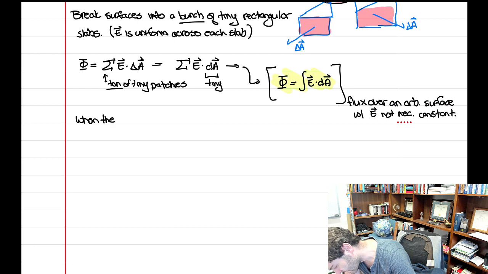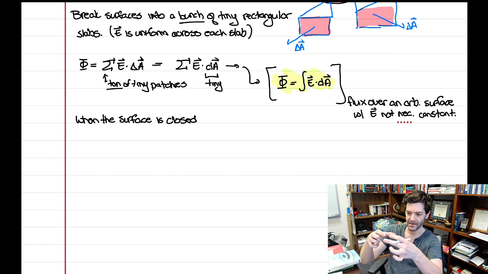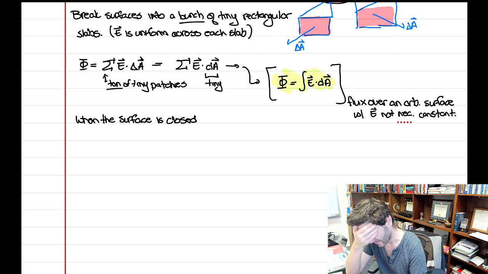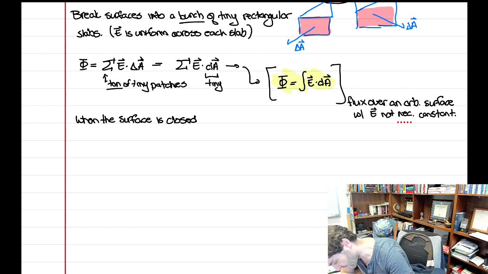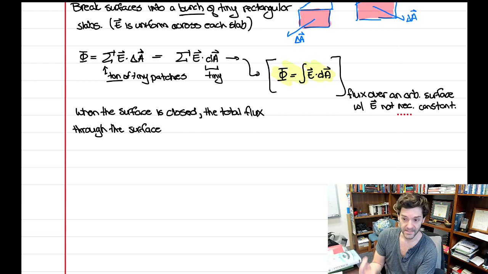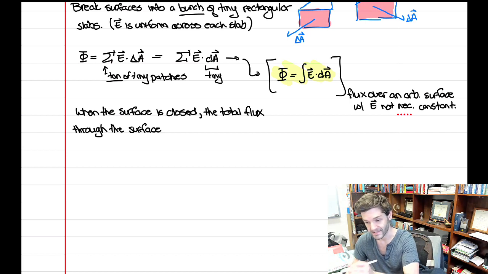When the surface is closed, which means it's not a ring or a slab, it's a box or a cube or a bowl with a lid on it, we're talking about some surface that is closed, the total flux through the surface does indeed connect to how much charge is inside.